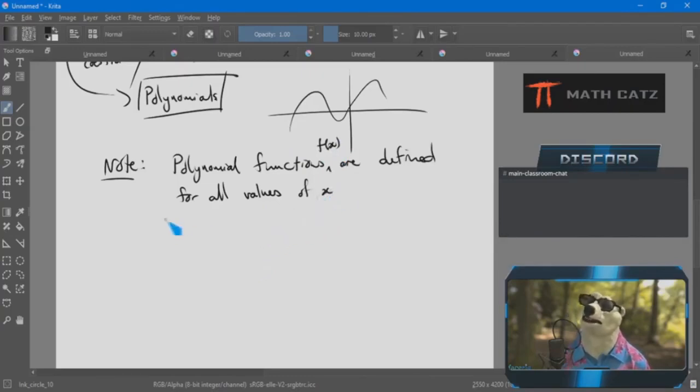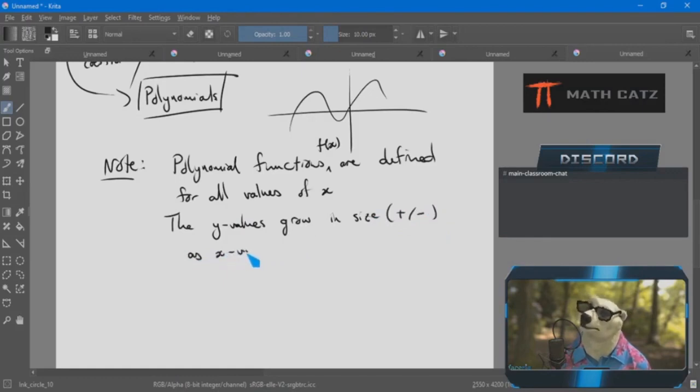And let's say here, the y value or y values grow in size, could be positive or negative, as the x values grow in size as well, positive or negative.